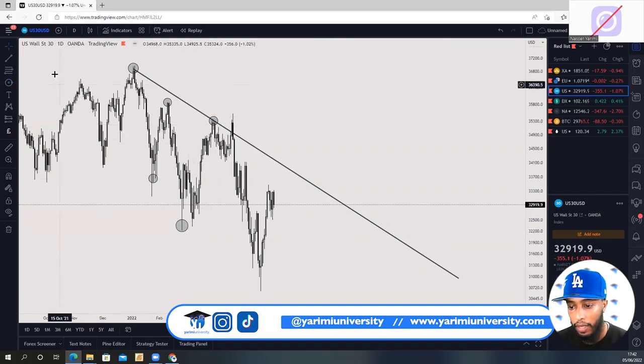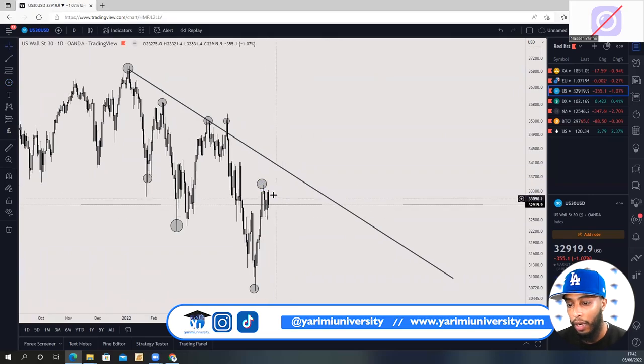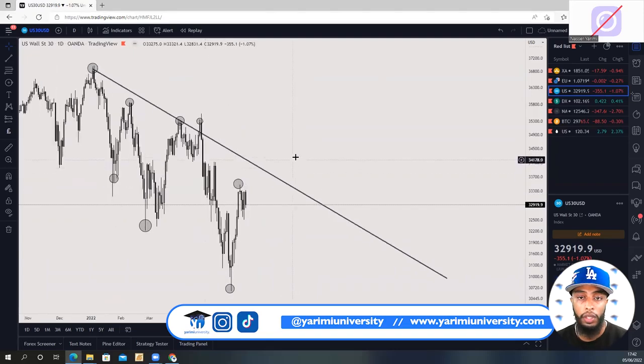Price made a lower high from the close, not from the wick, and price made a lower low. Price made a lower high and price is going to make a lower low. That is simply what the trending market is.